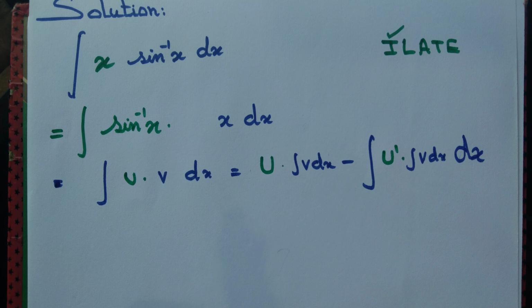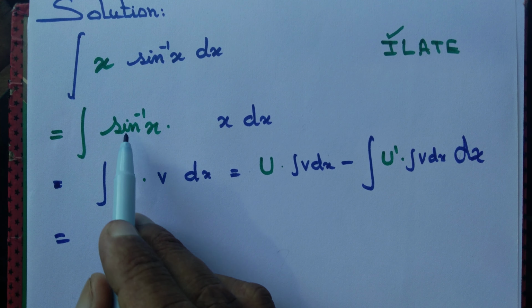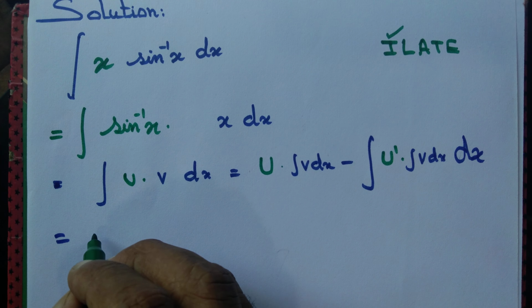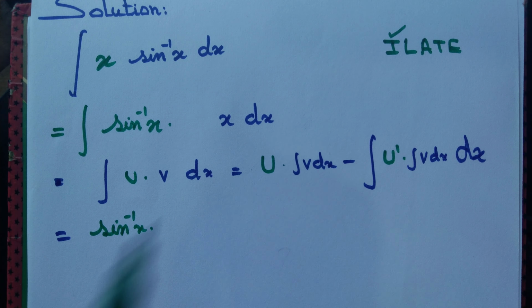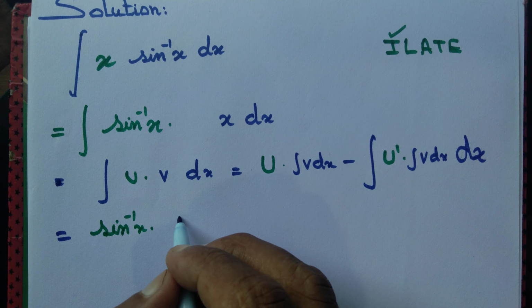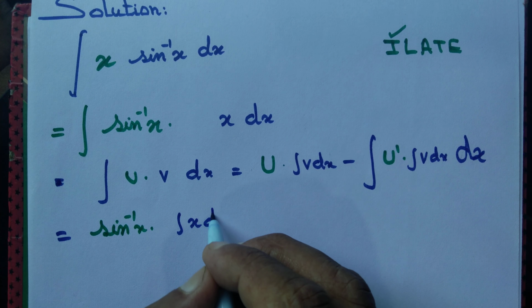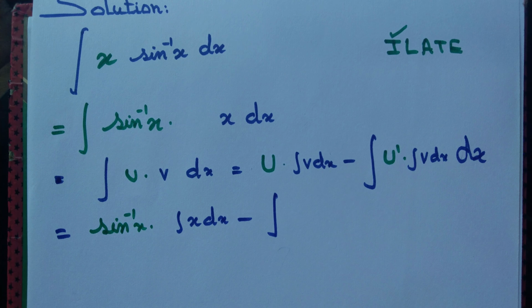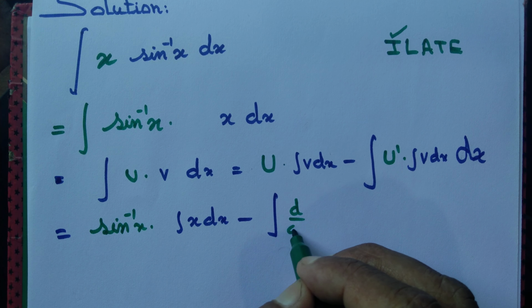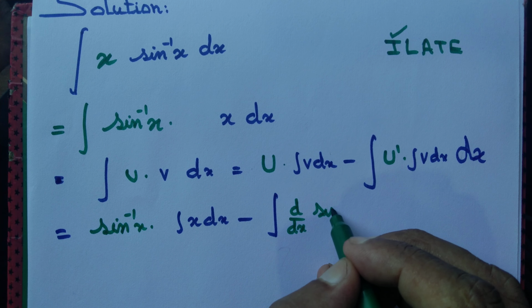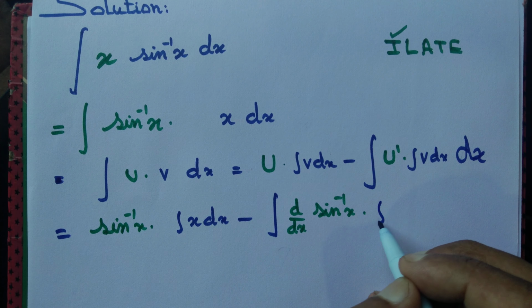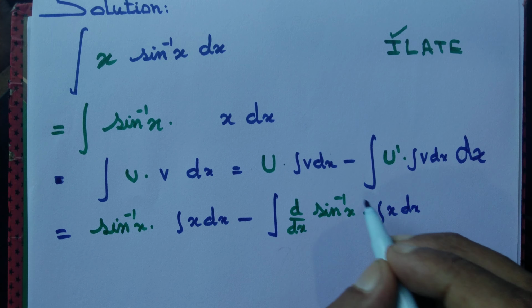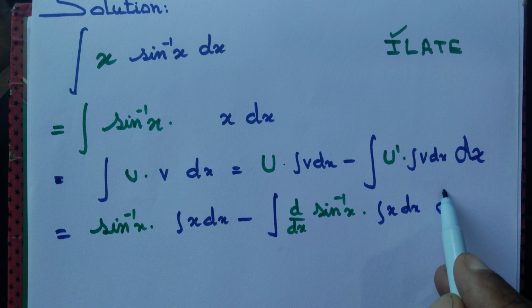And so the given integral is equal to the first function u, sine inverse of x, times the integral of v dx, the integral of x dx, minus the integral of the derivative of sine inverse of x, d/dx of sine inverse of x, times the integral of x dx, but the whole product has to be integrated once again.